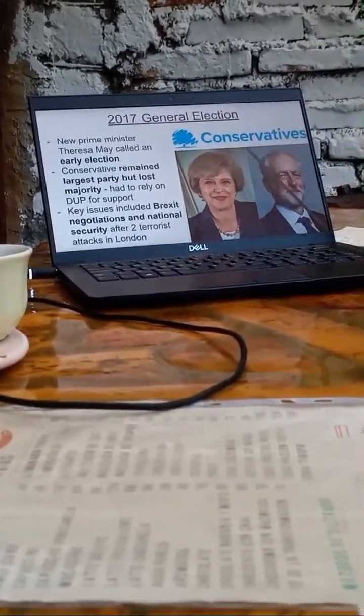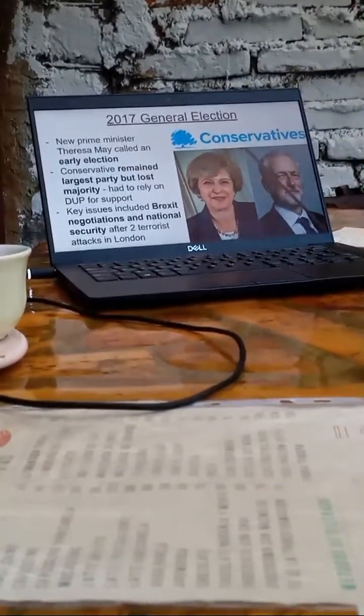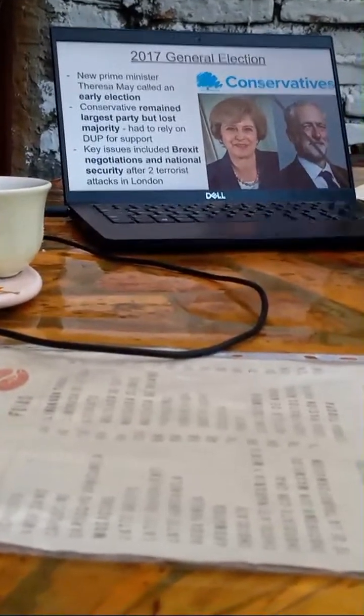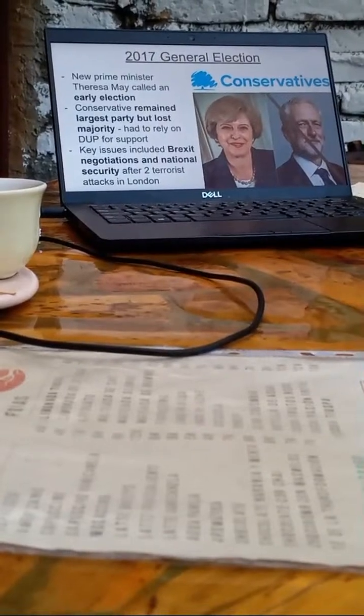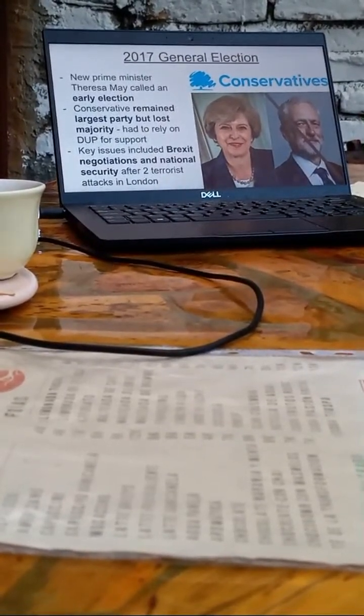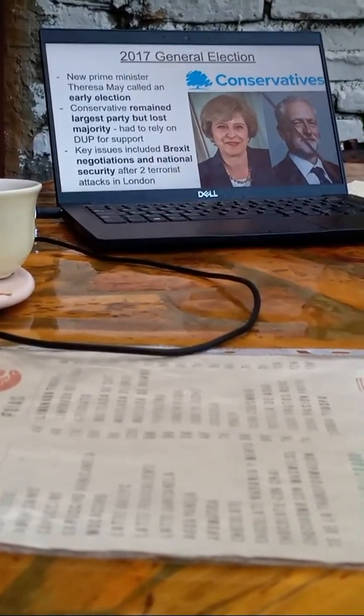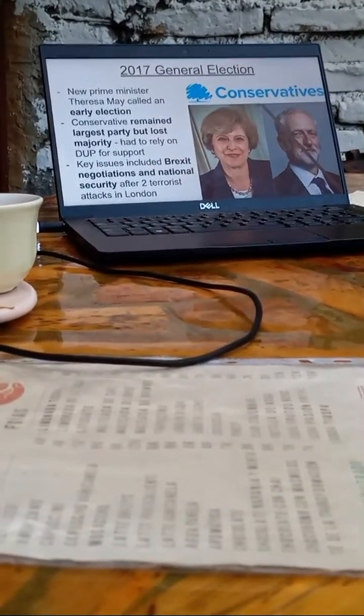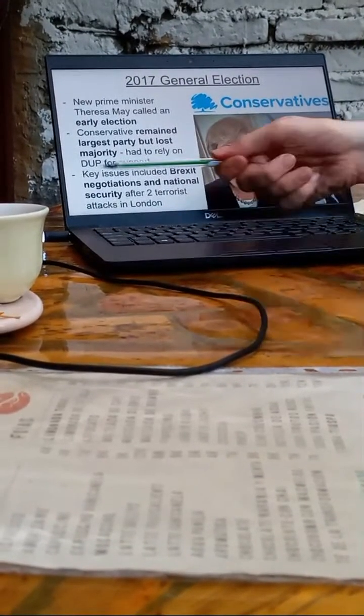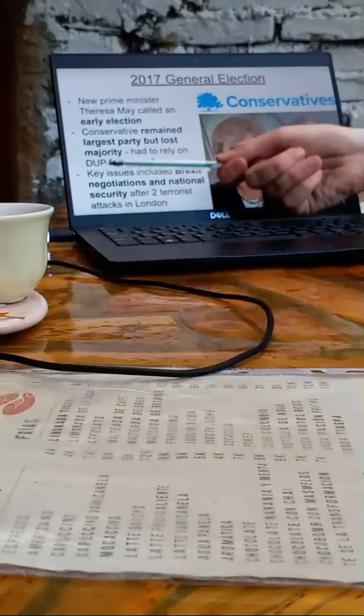So she wanted to call this election to gain power, to get more seats and more authority. It went really wrong. They won the largest amount of seats, but they actually lost their majority. If you remember, in 2010 they had to form an alliance with the Liberal Democrats. Here, they had to do it with a party called DUP. Do you remember? Oh, I remember. It's Northern Ireland.